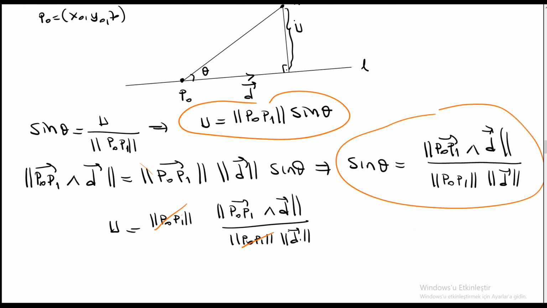The distance will be this one: u equals P sub 0 P1 cross product D over the length of this D. So this is the formula.